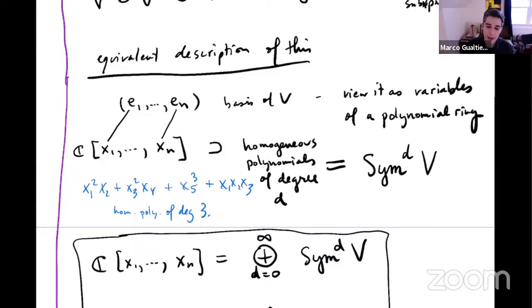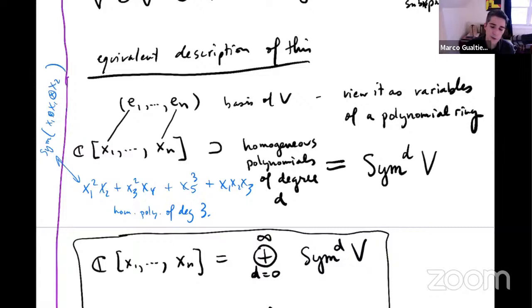And my claim is that it is obviously symmetric in the sense that polynomials are already symmetric. You don't have to force them to be. This is equal to x2 times x1 squared. And so if you want, you could identify this with the symmetrization of x1 tensor x2.